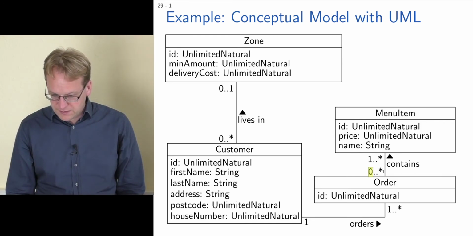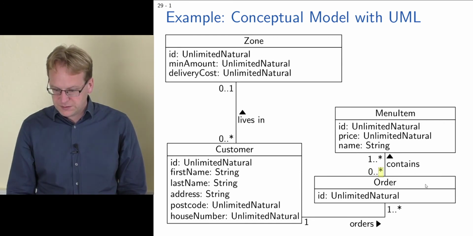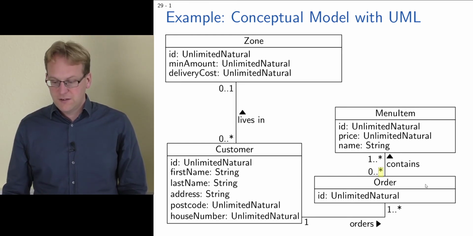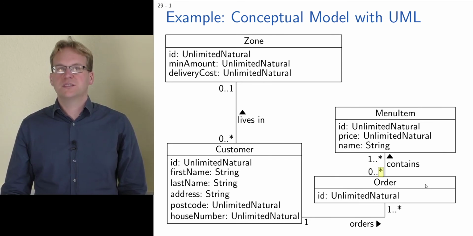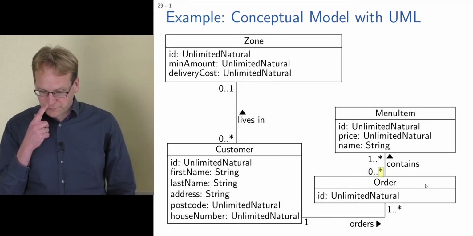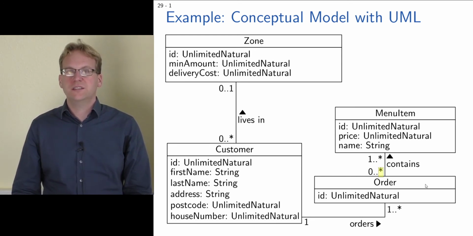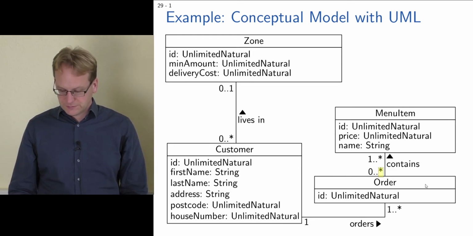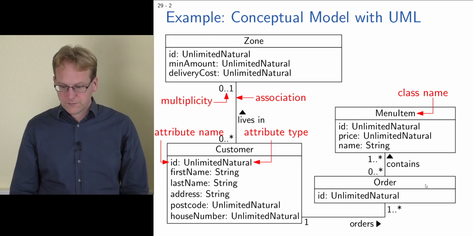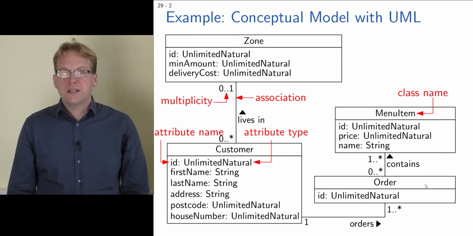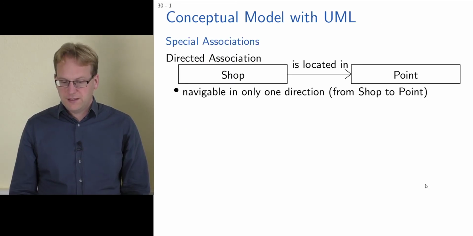But it can mean that some things like pizza funghi are really popular and they are ordered extremely often, so this number can be extremely large. And these things are all conceptually modeled here in this UML diagram. This is everything that I explained already.